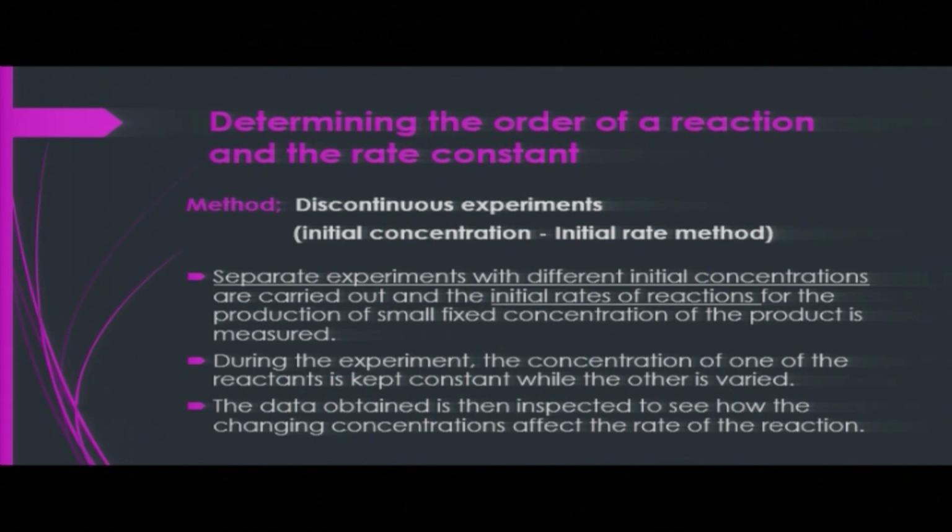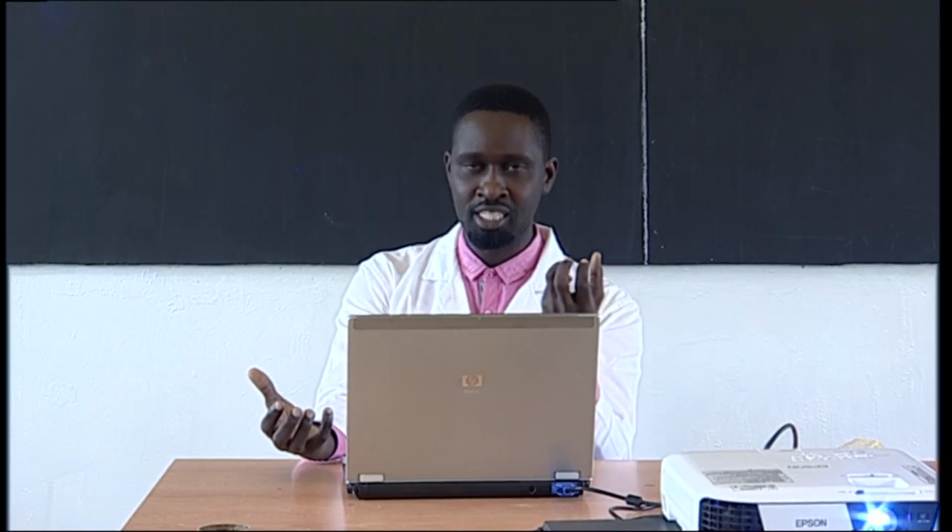So in this approach, what happens is you get your reactants, let me call it A and B, get the concentration of one reactant and maintain the concentration of another reactant. So if you're having, again, A and B, keep A constant, vary B, or keep B constant, vary the concentration of A. So start with maybe 1 mole per decimeter cube, that is the concentration at the start.